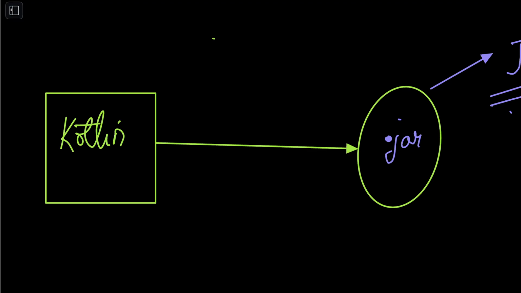Remember, if it's a Java program, after compilation what you get is a class file. So you have a dot class file, and this is like a dot Java.